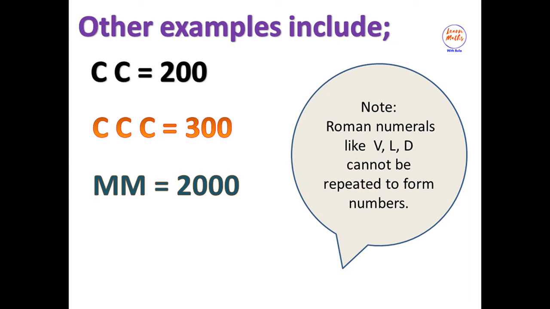If you add 50 plus 50, you have 100. There is a Roman numeral for that, so that is why. So Roman numerals that are 5 based, like your 5, your 50, your 500, cannot be combined to form a number.